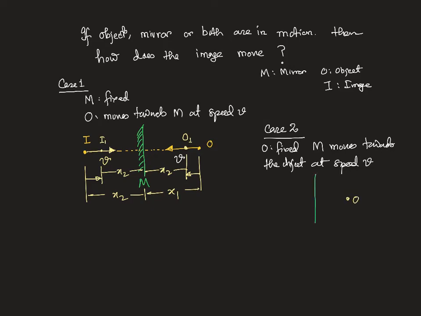M, the mirror, moves towards the object at speed v. How does the image move then? How does it affect the image motion?